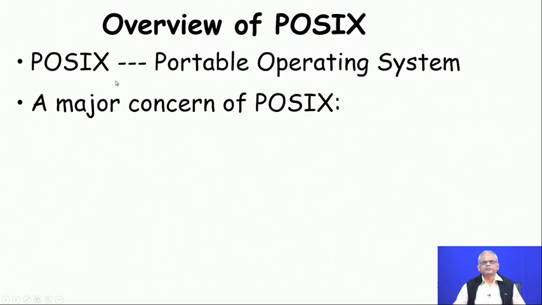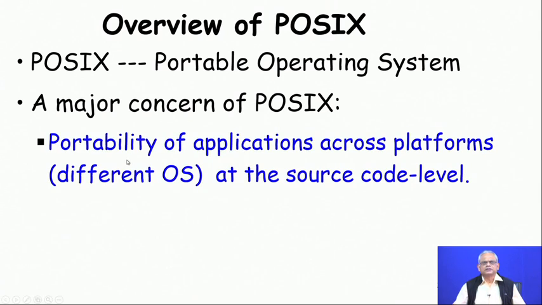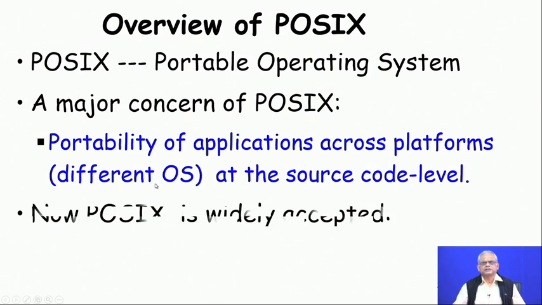The IX was simply suffixed to POS, the Portable Operating System, to make it look like a Unix standard. But then it became so popular that even non-Unix operating systems also became compatible with POSIX, and therefore, POSIX has been a huge success. The major concern for POSIX is portability of applications written in different operating systems.